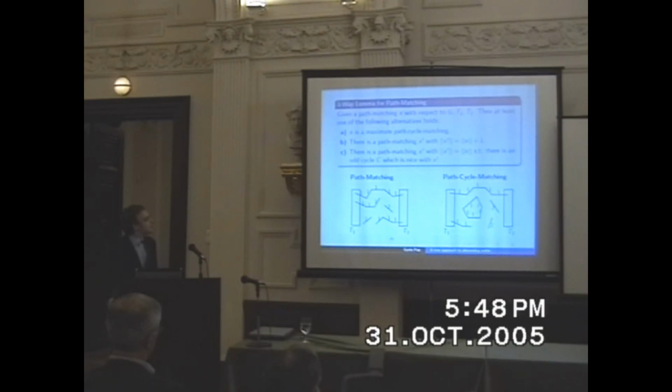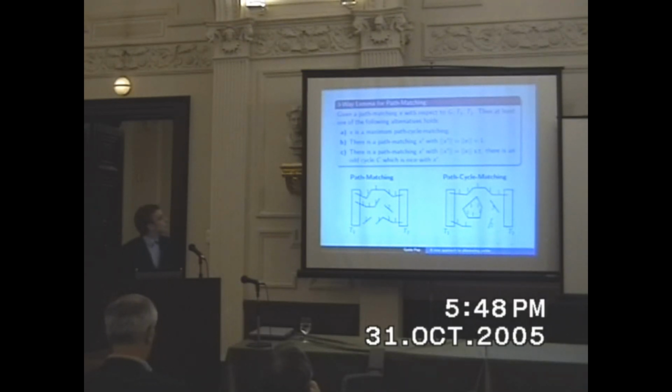However, this three-way lemma can be formulated, where the relaxation is the path cycle matching problem, a slightly artificial problem, for the purposes of this three-way lemma. Here, in a path cycle matching, I also allow odd cycles with all one entries in the middle. So this is how a path cycle matching looks like.